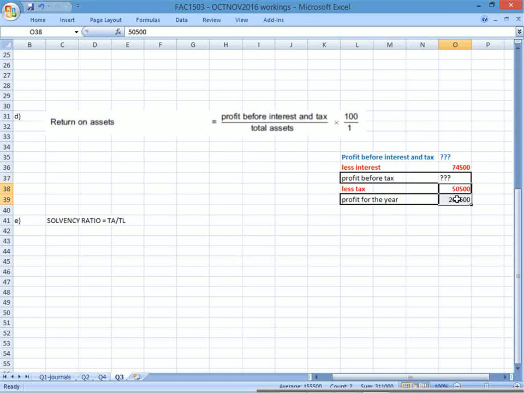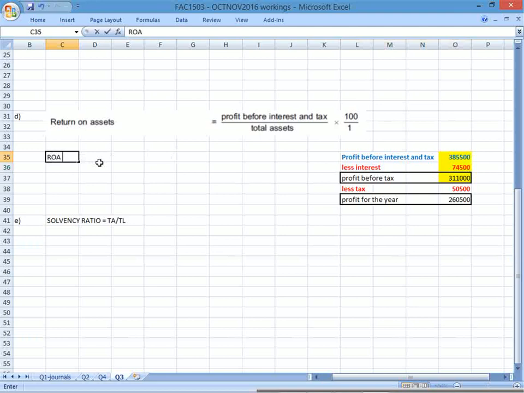I add what I would have subtracted. Does that make sense? Okay, some basic maths. So this plus that gives me that answer. Okay, if I've got profit before tax, and that's after I've subtracted the interest, how do I get back to before interest and tax? Just add back the interest, right? Okay, so those are the three amounts that I need to add up. So this plus that gives me that answer. Now do I have profit before interest and tax?